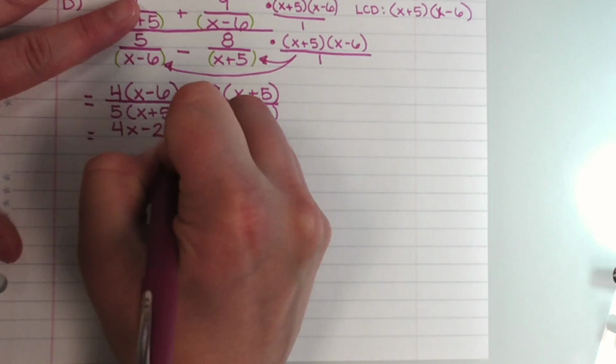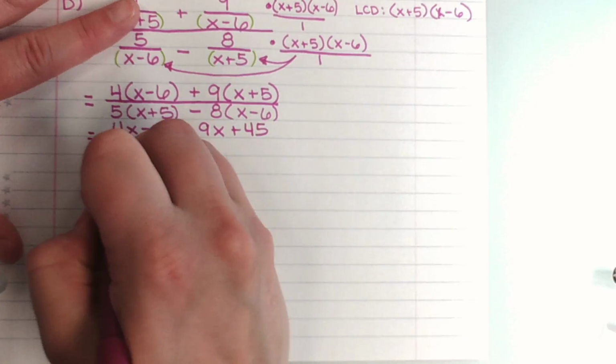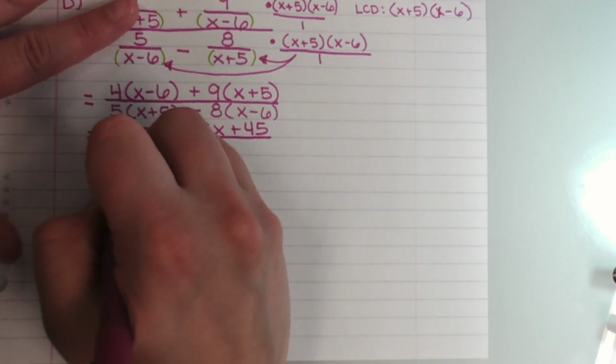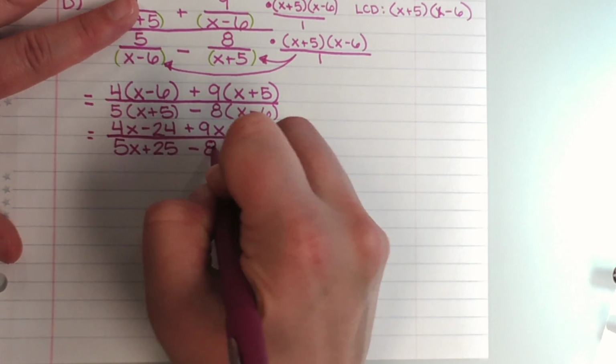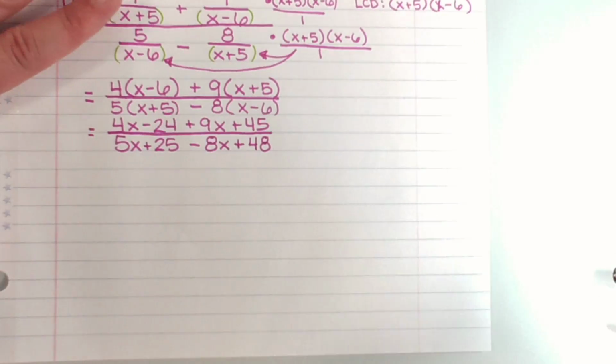4x minus 24 plus 9x plus 45 over 5x plus 25 minus 8x plus 48.